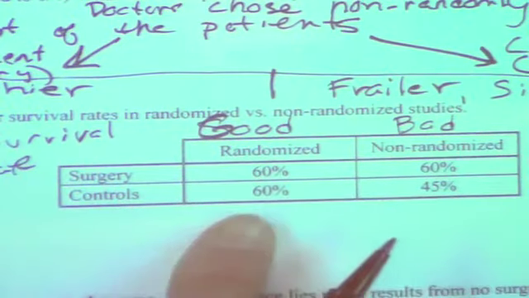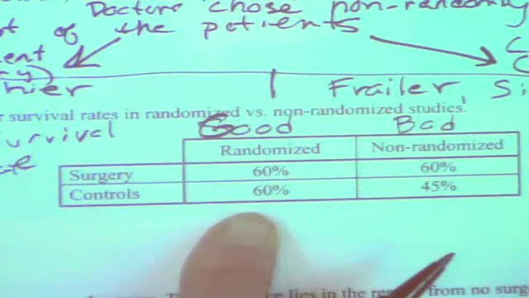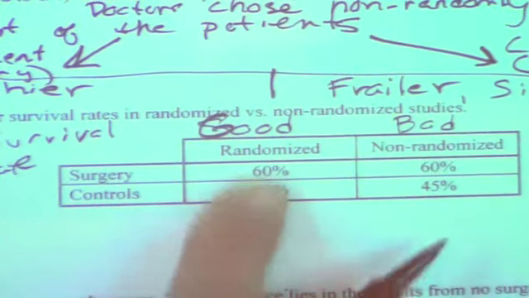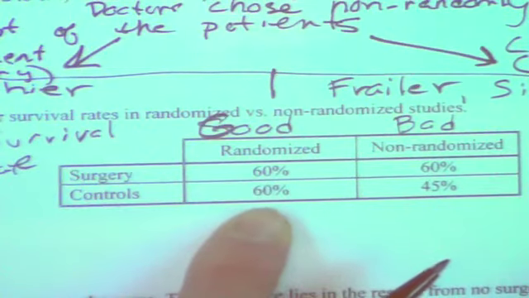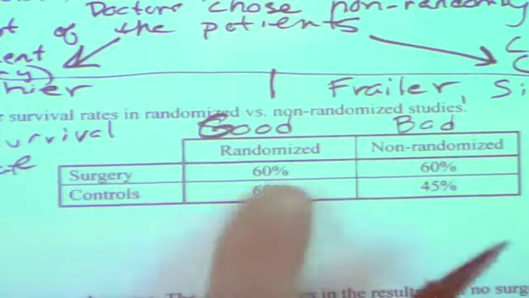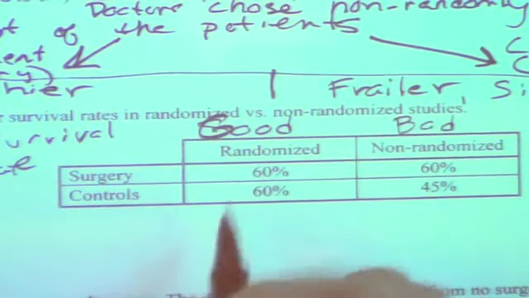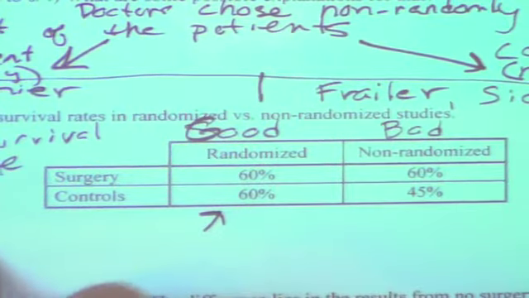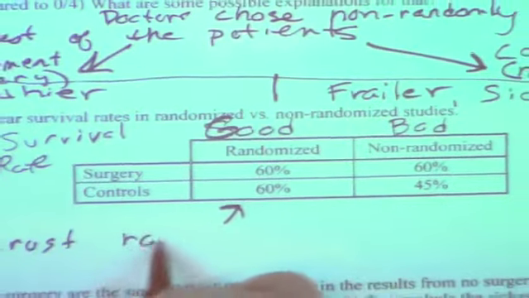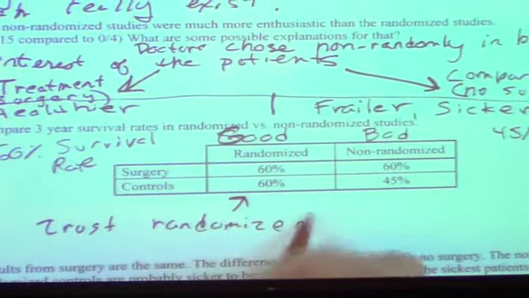As opposed to the randomized studies, which just took this group and randomly divided it, and look, no wonder they weren't enthusiastic. Would you be enthusiastic? When they did the random assignment, there was no difference. That's why they said that it didn't work. And so we can trust the randomized experiments. Why?